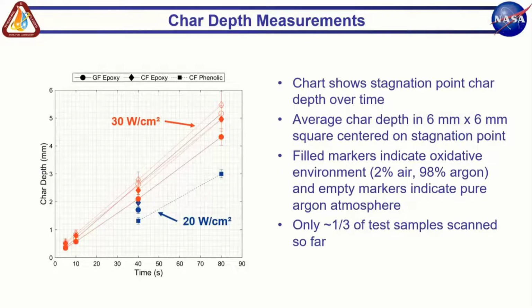We have only scanned about a third of our test samples so far, but you can already see that there are slight differences in the char rate between the glass fiber and carbon fiber samples, but the largest difference in char rate is obviously the incident heat flux on the sample.